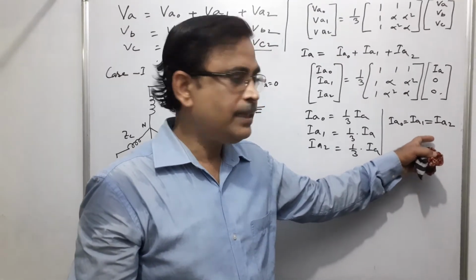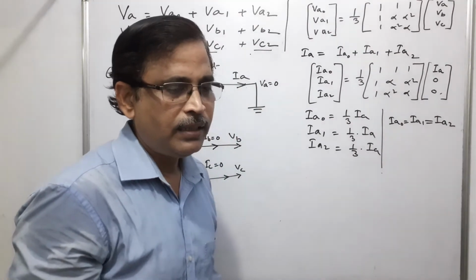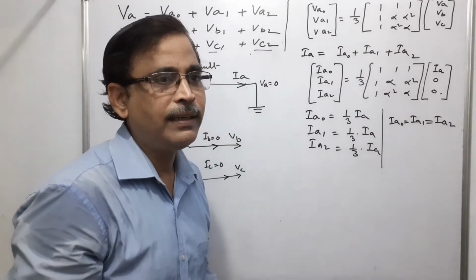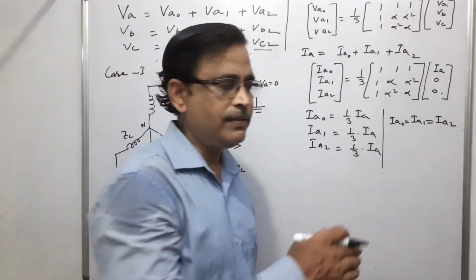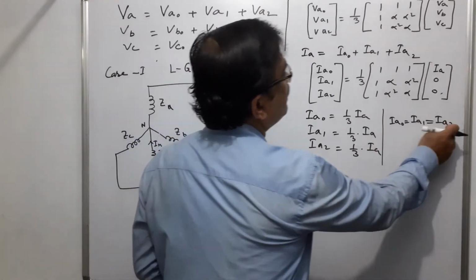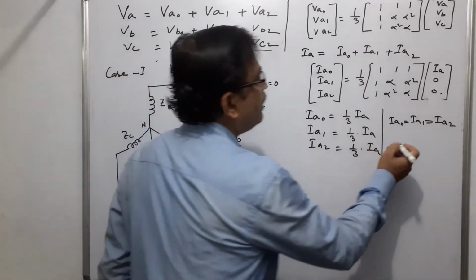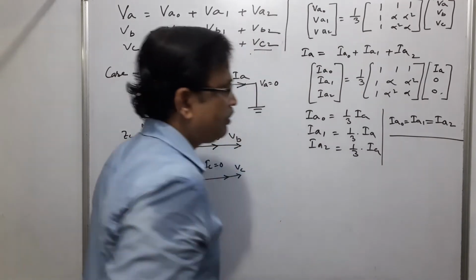Now these 3 currents are equal. What does it mean? Current is equal when the circuits are in series. That means here the 3 sequence networks will be in series. From here it is clearly understood.